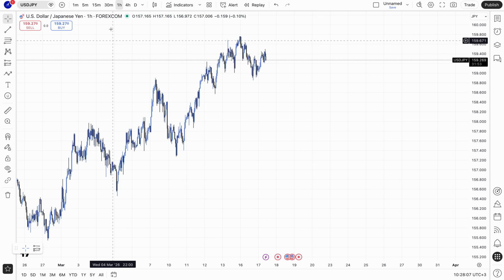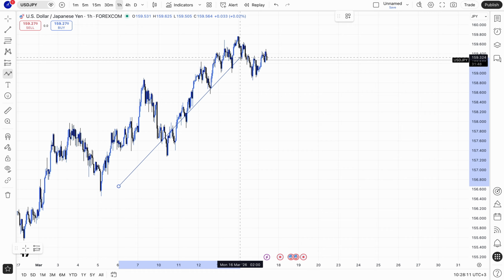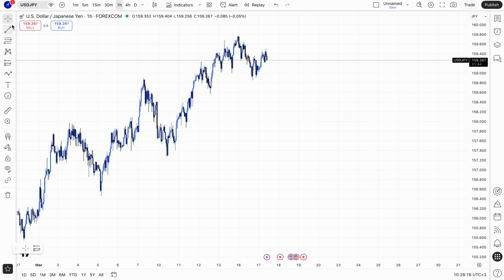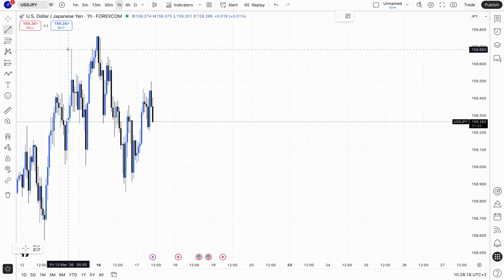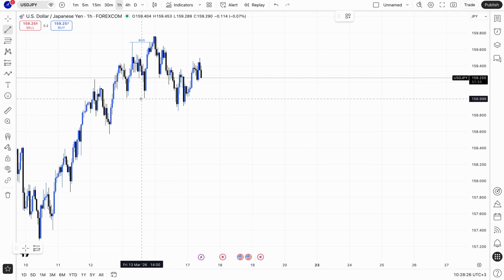let's clean this. You can see the market is moving. The market was moving up. Then it started shifting down. And how did that happen? We had our last break of structure to the upside, which was this one. And then we had our change of character to the downside.